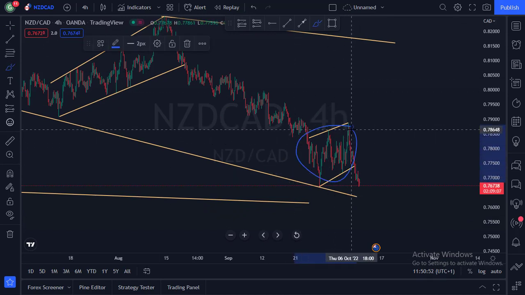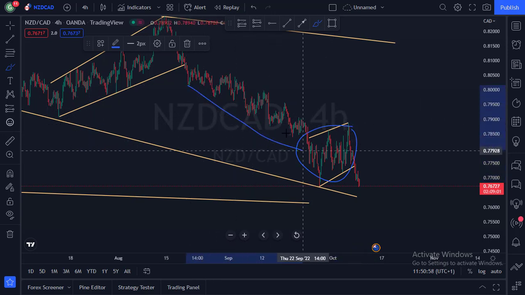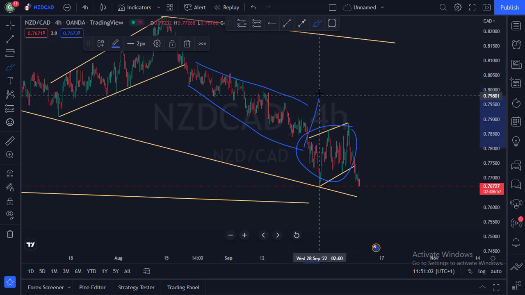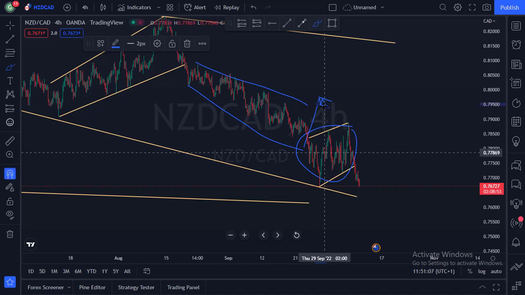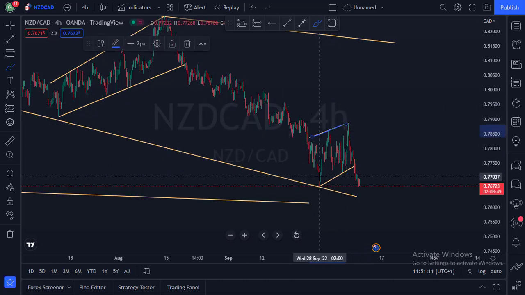All right, this was where my bias actually became confusing, because on the larger time frame, I see all of this as a correction. After this correction, I was expecting price to break on the upside and continue this bullish move, but that didn't happen. Guess what? Price decided to form a correction up here.